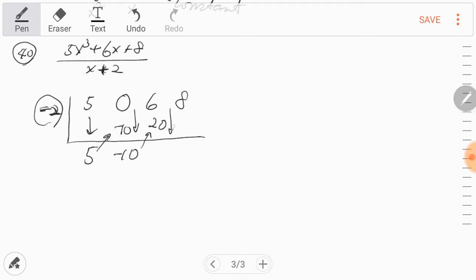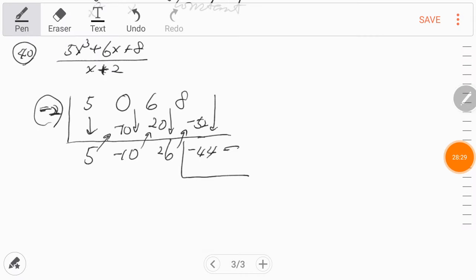Add these two numbers, so 26. Multiply -2 by 26, then that is -52. Add these two numbers, then -44. So -44 is the remainder.